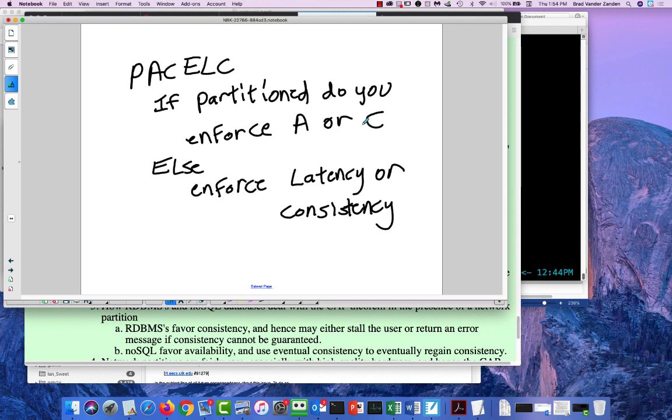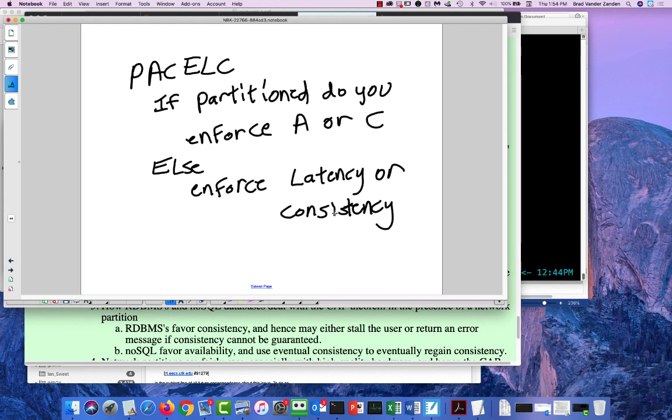So this is CAP. But if you are partitioned, that is, if stuff is getting dropped, okay, do you enforce latency, meaning you still want fast response to queries, or do you enforce consistency?